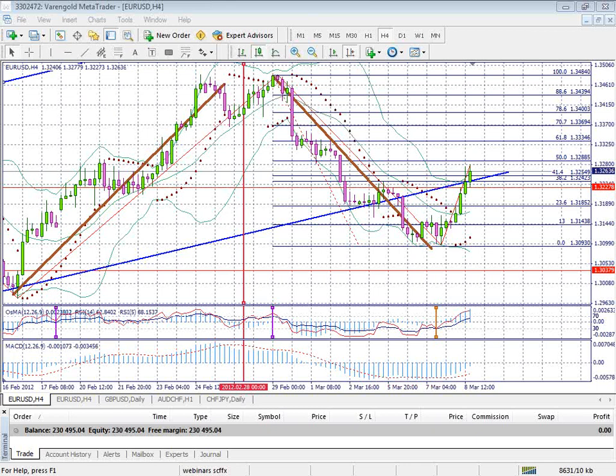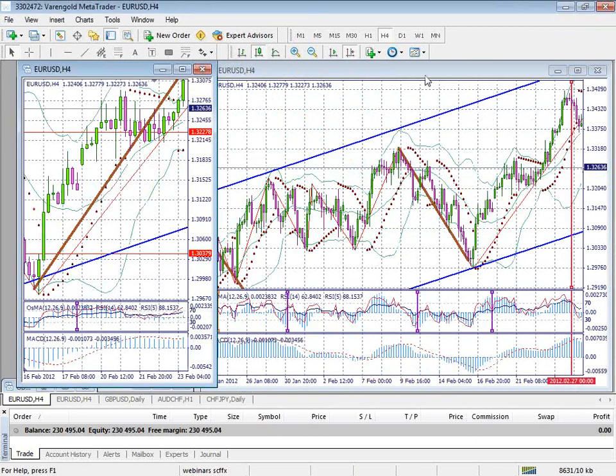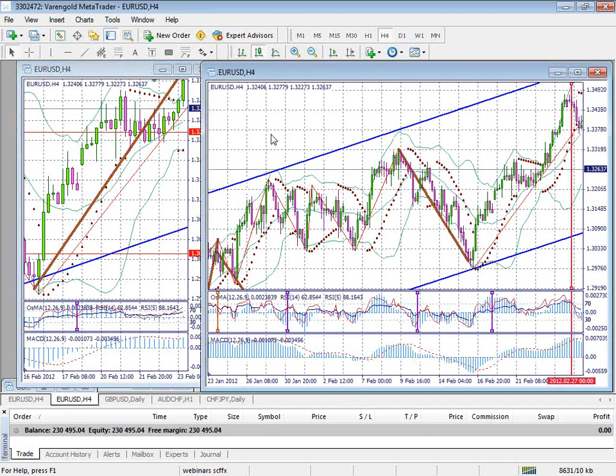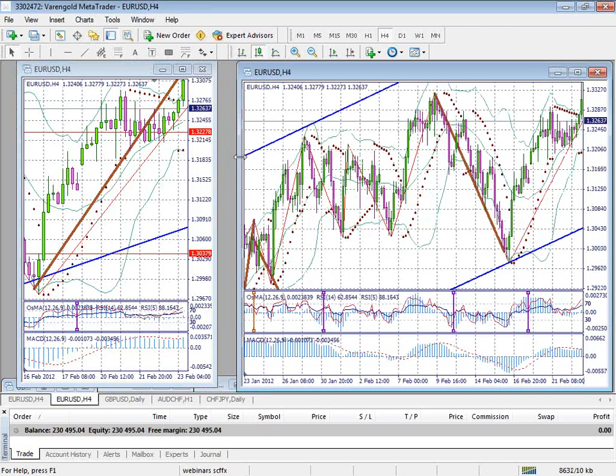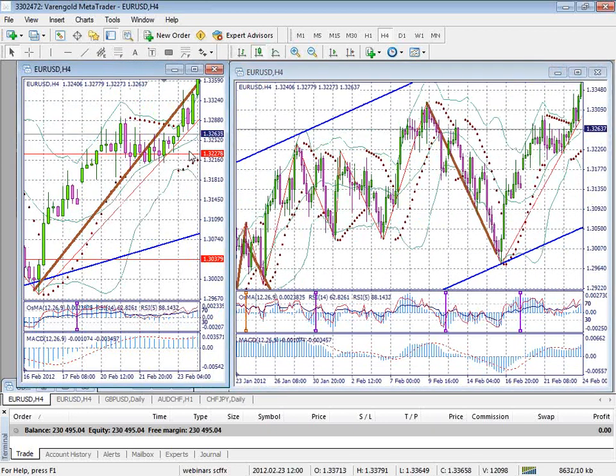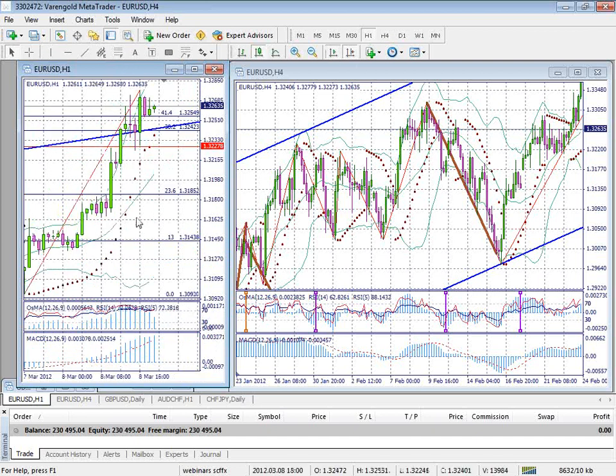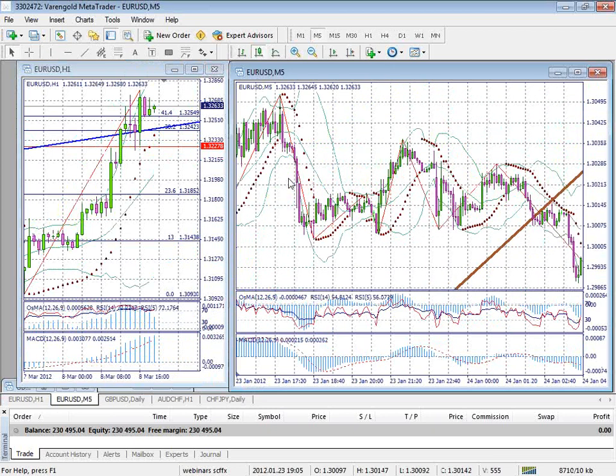Could you touch on shorter time frames, 5 minutes and 15 minutes? Of course. So 1 hour and 5 minutes.